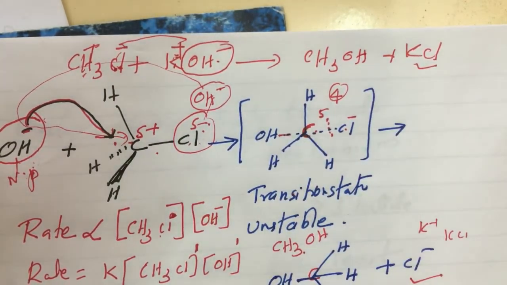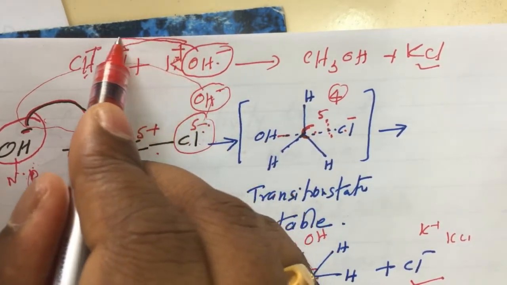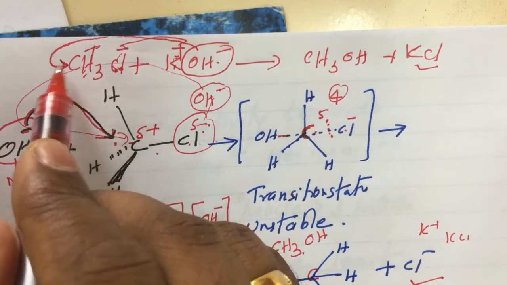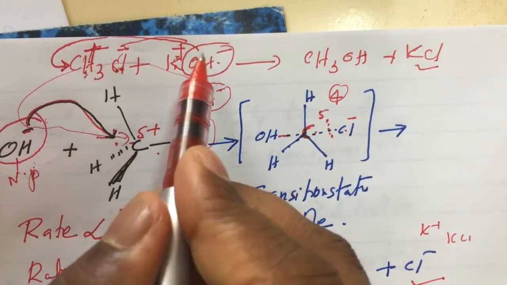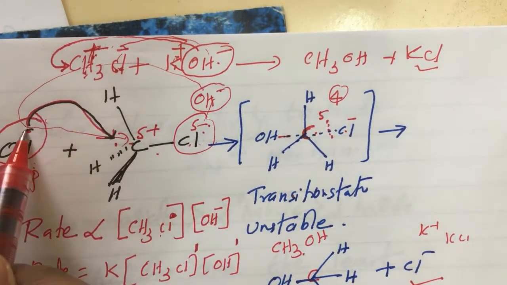And why is it called inversion of configuration? Let's see here. OH minus attacks the carbon from the back side. Carbon is positive, so OH minus attacks the positively charged carbon from the back side.